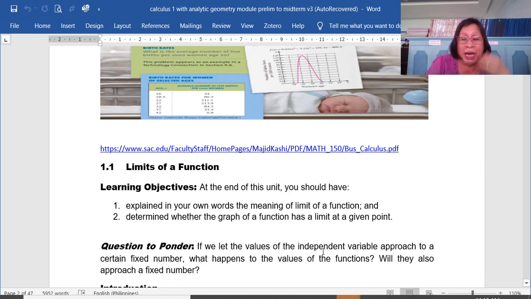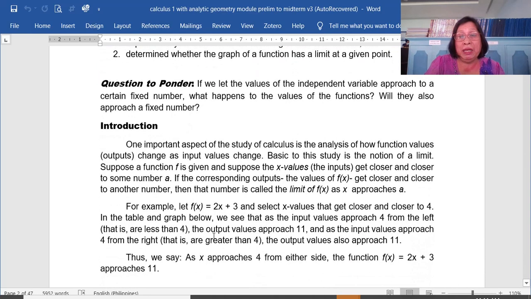Meaning to say, the independent variable is the distance covered, and the dependent variable is the amount that you are going to pay. So what happens to the values of the functions? The dependent variable depends upon the independent variable.